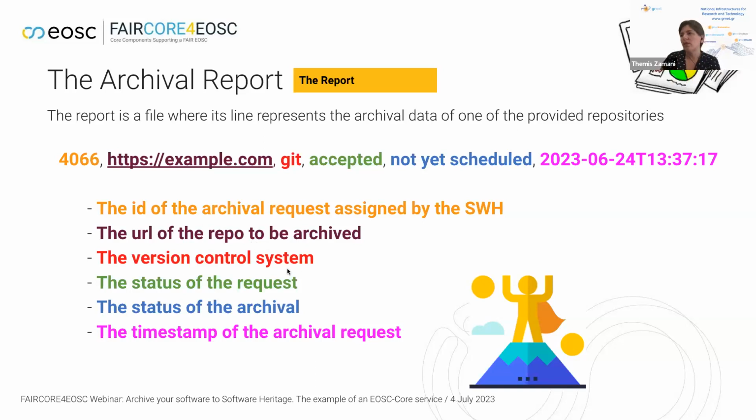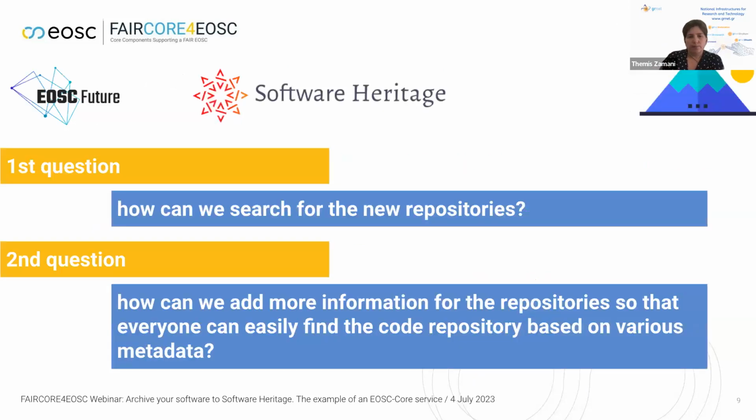We almost archived all the different repositories, and we renew the list of the repositories every time a new repository is added. But although we have archived these repositories, we just archived the URL, and we had some questions to answer. The first question was, how can we search for these new repositories that were archived in Software Heritage?